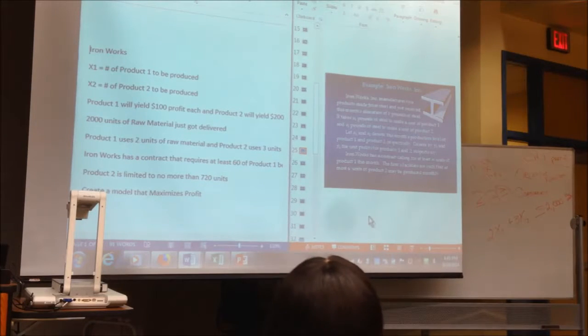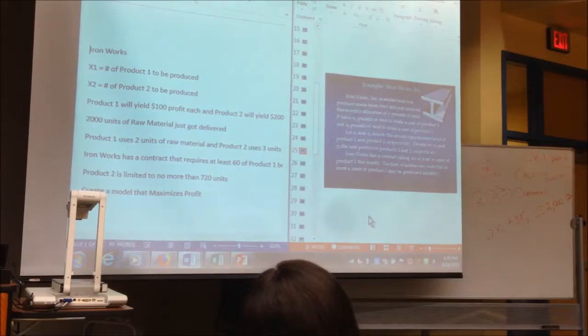Next it says, let X1 and X2 be this month's production level of product 1 and product 2, which we did do. There's X1, X2. It says denote P1 and P2 as the profit contribution by these 2 products, X1 and X2. Up there I put product 1 will yield $100 profit, product 2 will yield a $200 profit.